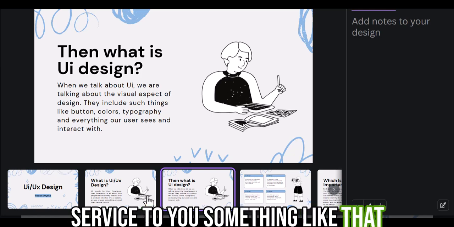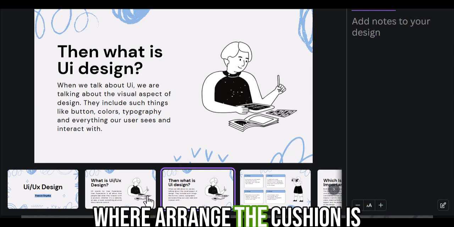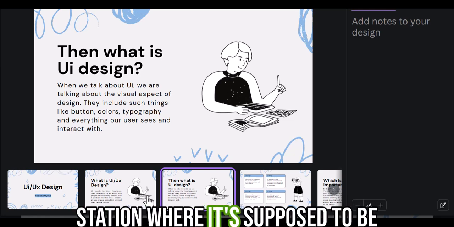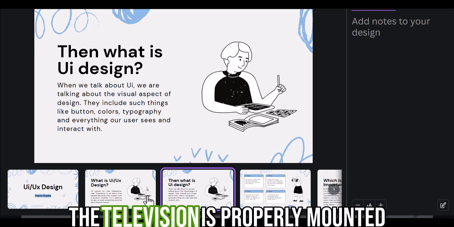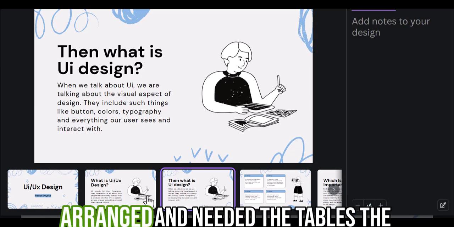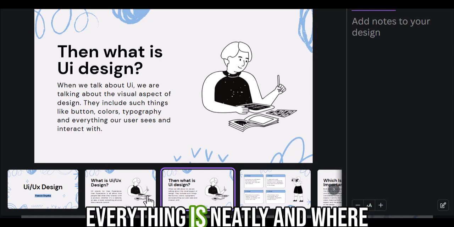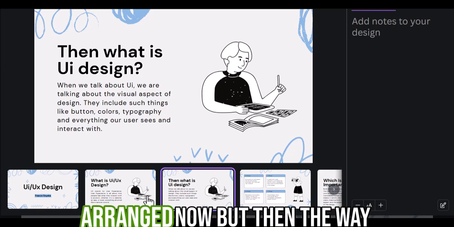When you enter, you find that the whole place is well arranged. The cushion is stationed where it's supposed to be, the television is properly mounted, and the tables, the chairs, everything is neat and well arranged.